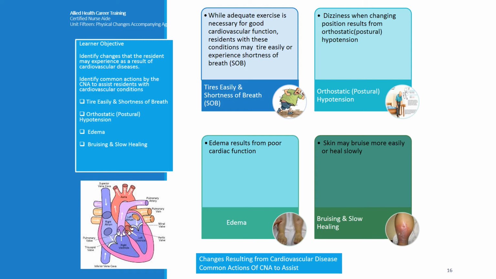So, also, people may have skin that bruises a lot more easily or heals a lot slower. If you have somebody on blood thinner products, this is going to happen a lot more too. So, know your people that are on blood thinners.